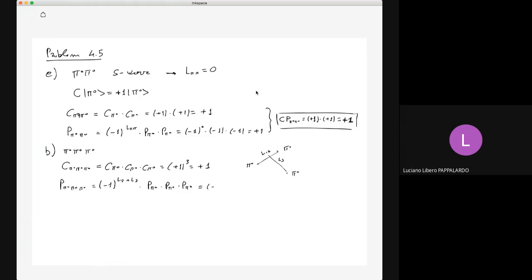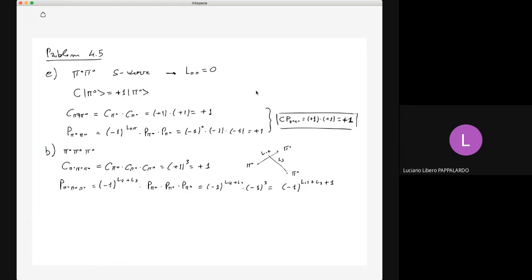So this is (-1) to the L12 plus L3 times (-1) cubed, that we can express as (-1) to the L12 plus L3 plus 1, where this additional 1 in the exponent takes into account the minus 1 from the intrinsic parities.